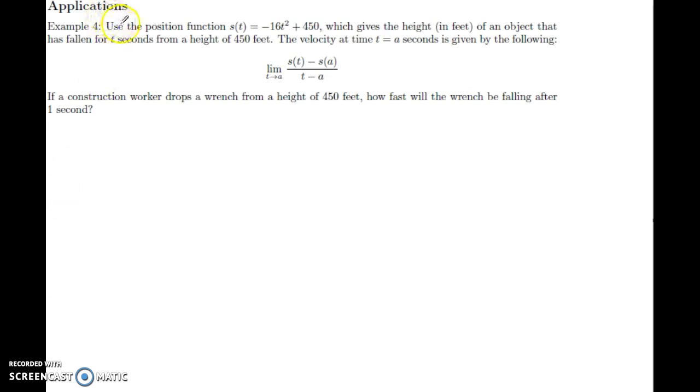So example 4, we use the position function s of t equals negative 16t squared plus 450, which gives the height in feet of an object that has fallen for t seconds from a height of 450 feet.